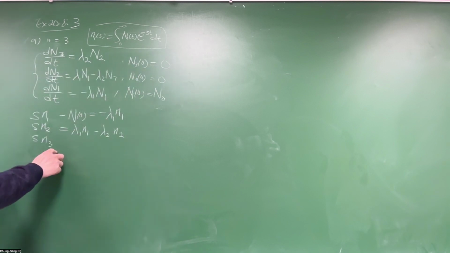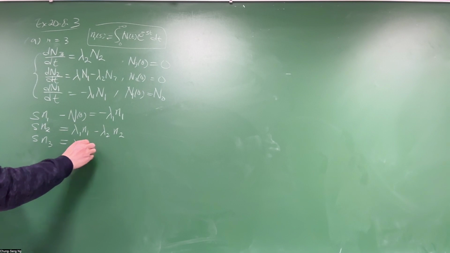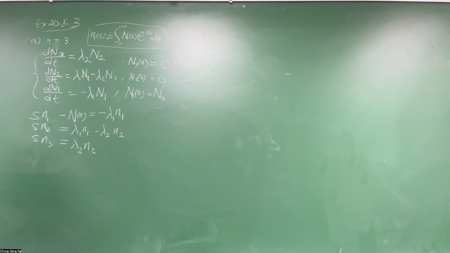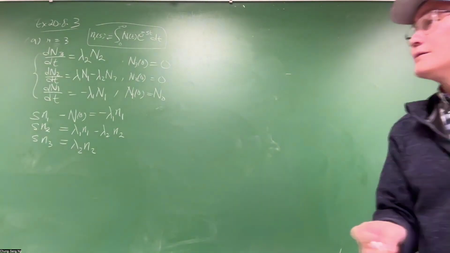Again, the initial condition is 0. Lambda 2, lambda 2, and n2. Right? And this becomes an algebraic equation, and then hopefully you can solve it.